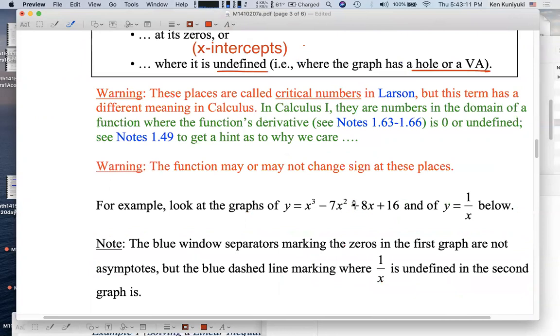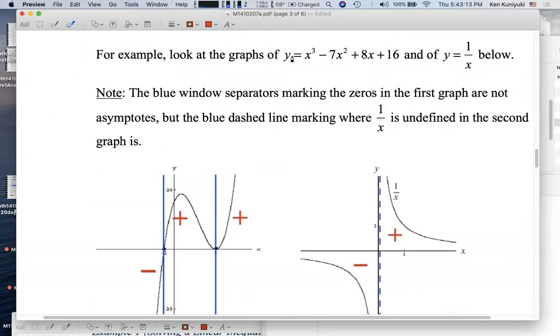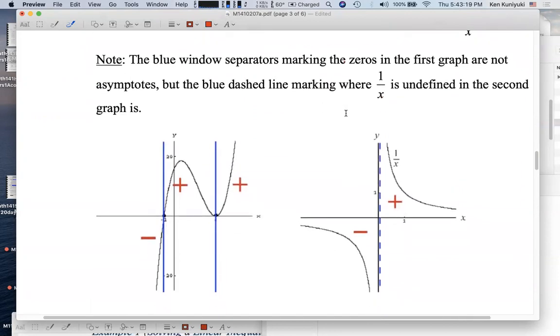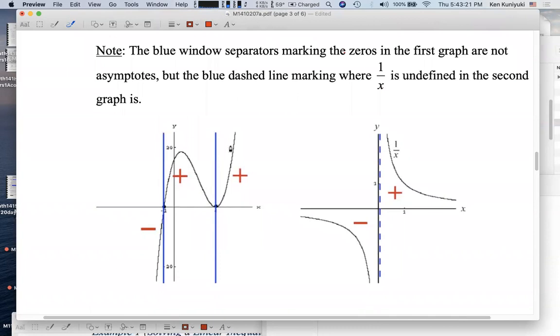So for example, on the left, we have the graph of this third degree polynomial. It's a snake, a rising snake in this case. Now, there are two zeros, as it turns out. Over here and then over here. We have two real zeros.